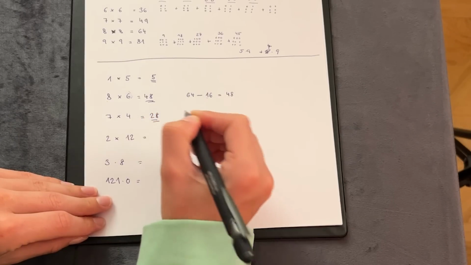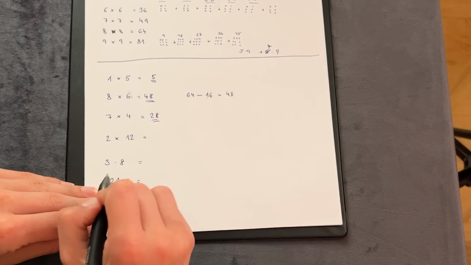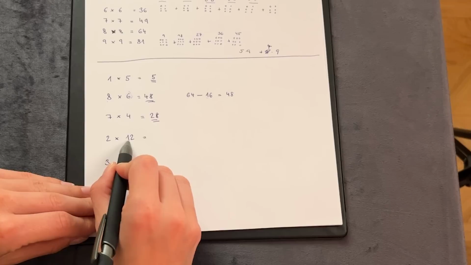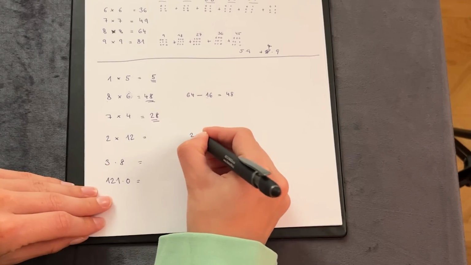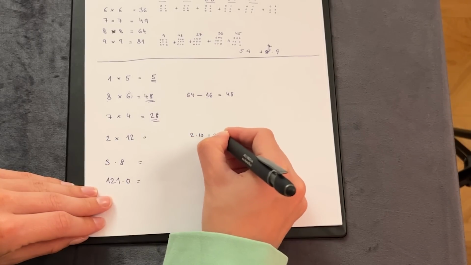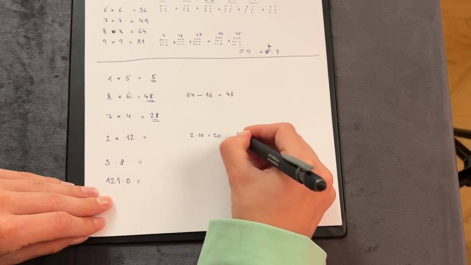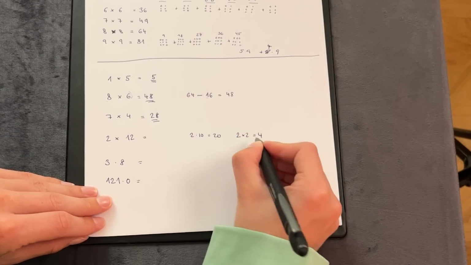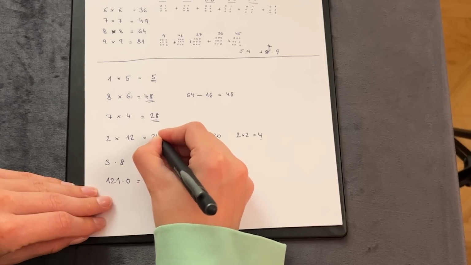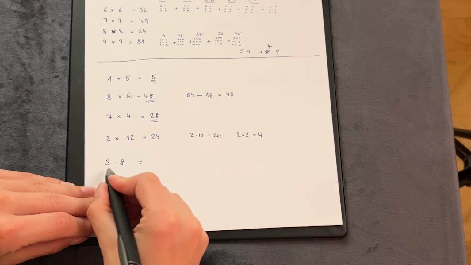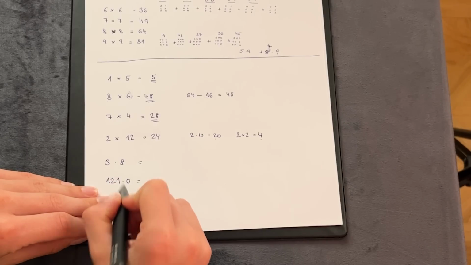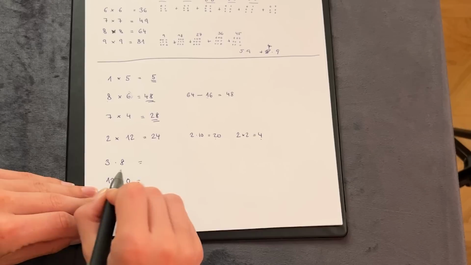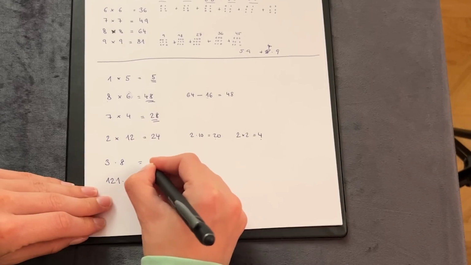Let's go next. 7 times 4, 28, correct. 2 times 12, 2 times 10 is 20. 2 times 2 is 4. 20 plus 4, 24. 3 times 8, 8, 16, 24.